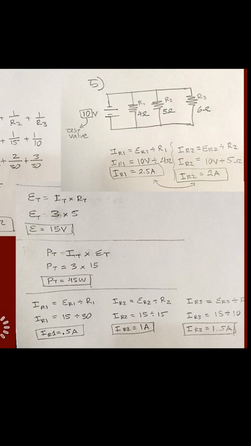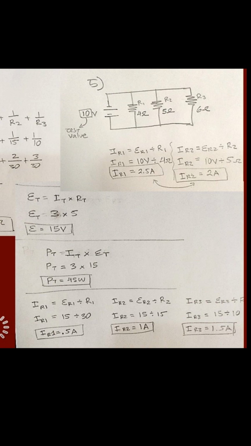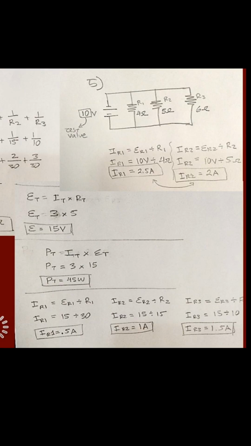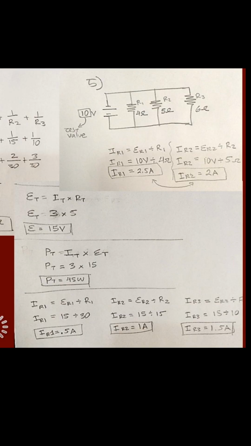We know our resistance value, given to us. You have to use the Ohm's law formula to solve for current, which is current equals voltage divided by resistance, or current at R1 equals voltage drop at R1 divided by the resistance value at R1, which in this case is 15 volts divided by 30 ohms, or 0.5 amps.